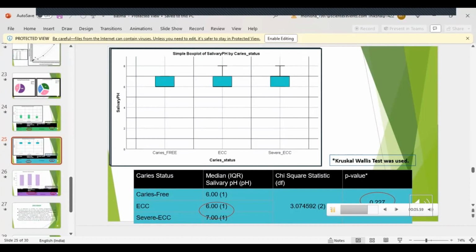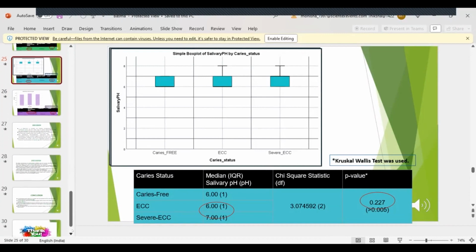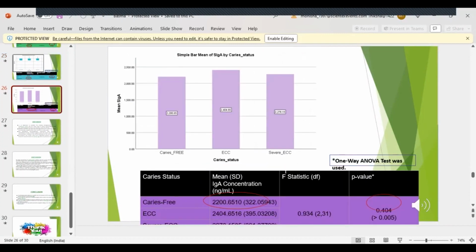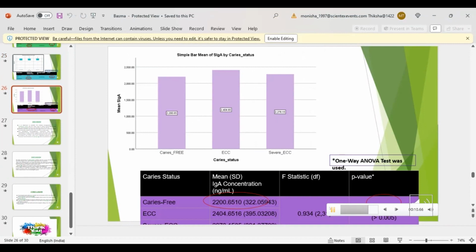We can see clearly that the level of salivary IgA is significantly higher in early childhood caries compared to the caries-free and the severe early childhood caries.